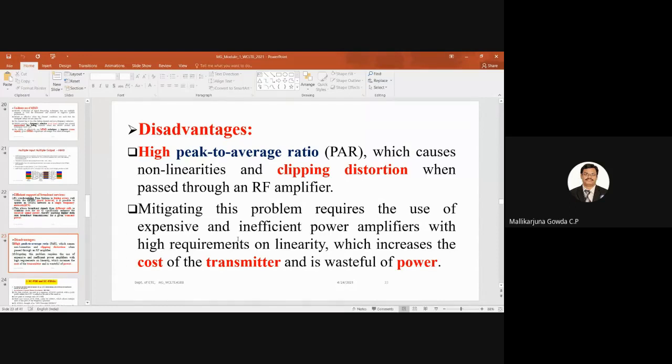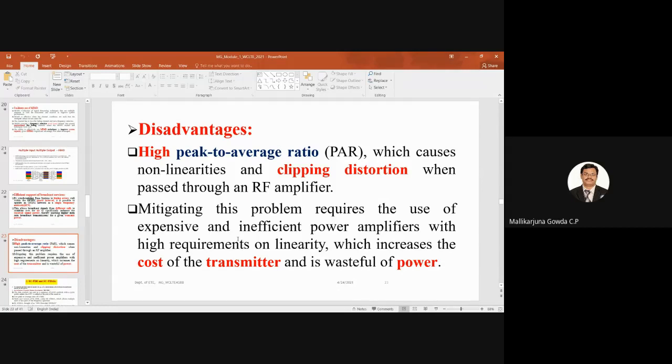So if I want to mitigate high peak to average ratio, I need a power amplifier which is not that efficient, and it is also expensive, because I have to have more linearity. That increases the transmitter cost, and it is also wasteful of power.